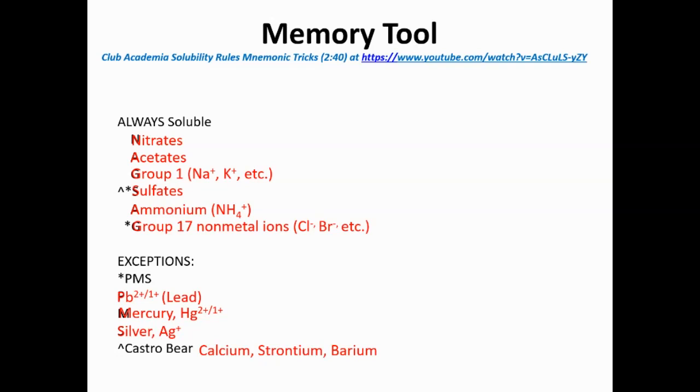So for the sulfates, all of those are insoluble exceptions. For the group 17 nonmetal ions, only the lead, mercury, and silver are the insoluble exceptions. Otherwise, all group 17 anion salts are soluble. So NAG SAG is a great memory tool to remember the things that are always or almost always soluble.